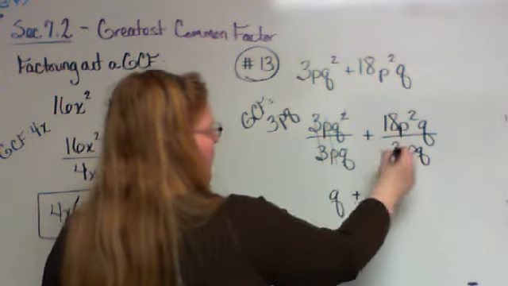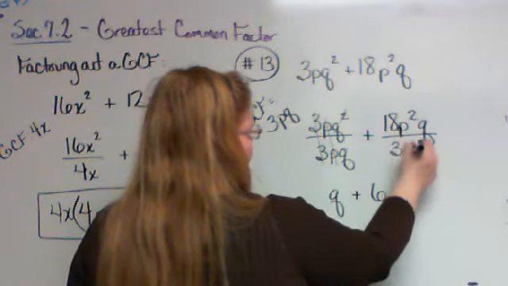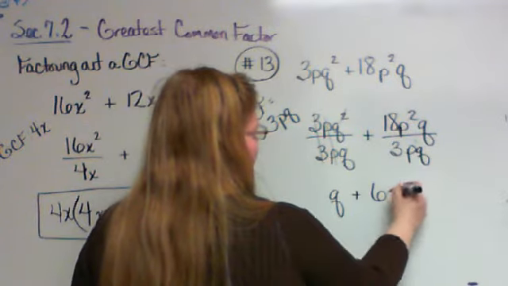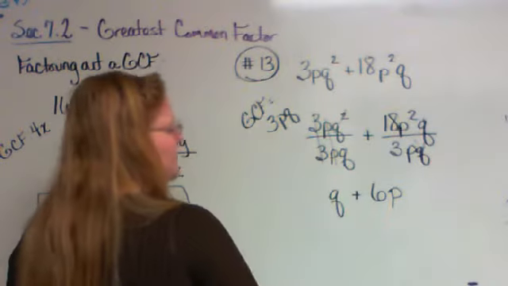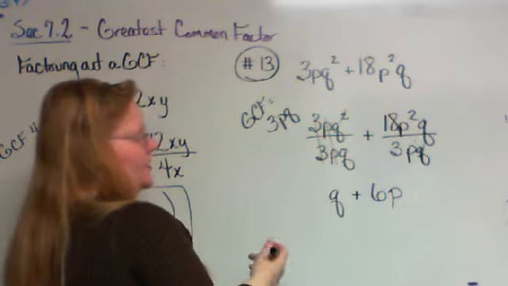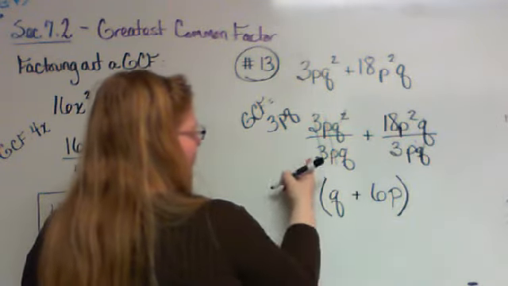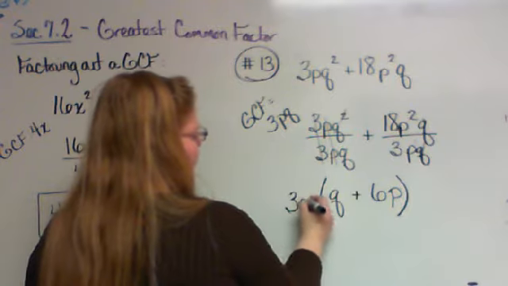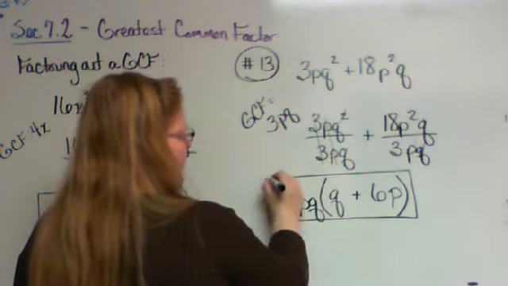Plus, here 3 goes into 18 6 times. 2 minus 1p leaves me with 1p, and then my q's cancel out, so they're gone. But because they asked me to factor out the GCF, that's what makes me put the parentheses and then write my GCF outside. So they could come behind me and multiply it out.